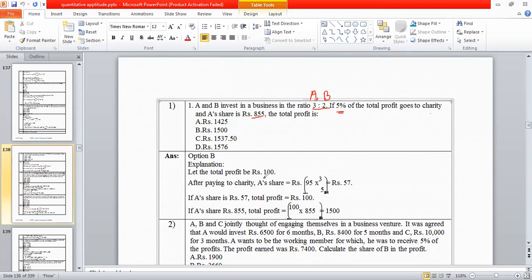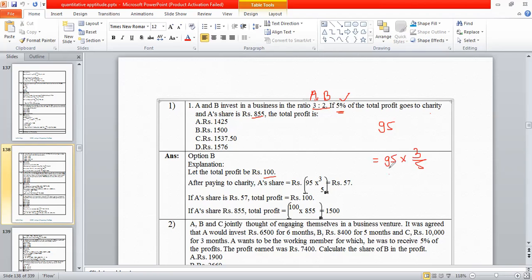ओके. आता समजा टोटल प्रॉफिट इज 100 रुपीज. त्याच्यामध्ये 5% गेले तर किती अमाउंट रिमेन्स देअर? 95. Okay, so after paying 5% to charity, the share of A will be 95 into 3 divided by 5.